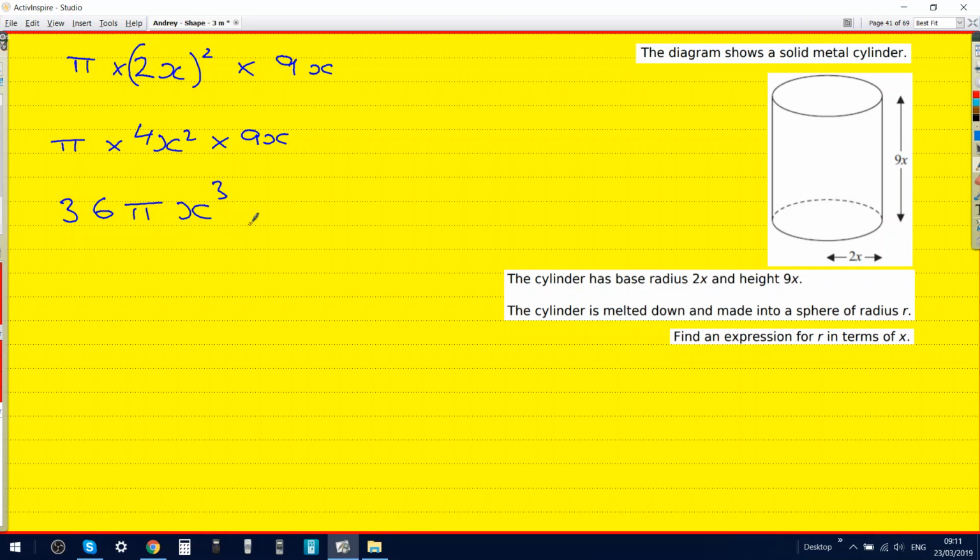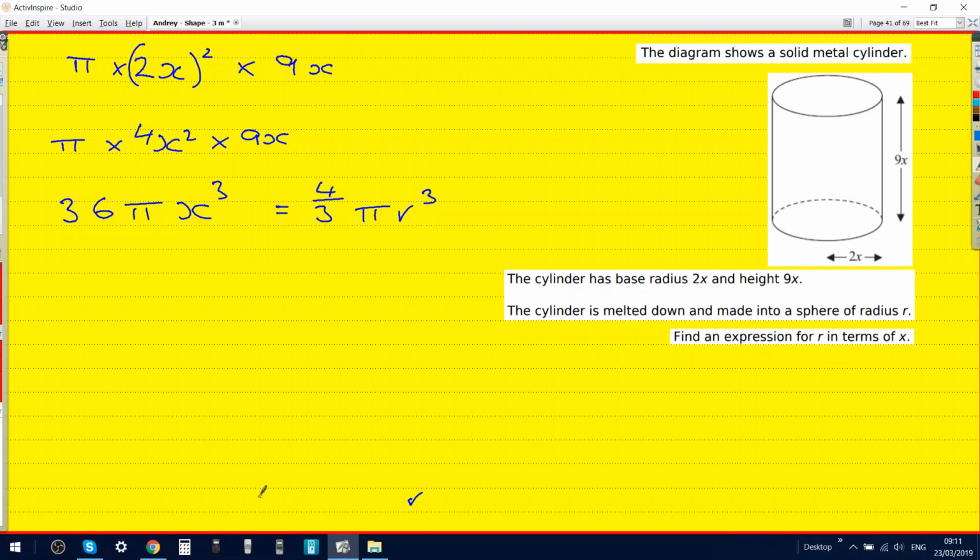What is the volume of a sphere? 4/3 pi r cubed. And so that must be equal to 4/3 pi r cubed. You have to find what r is in terms of x. Okay, so do I just rearrange to get to r? Yeah.